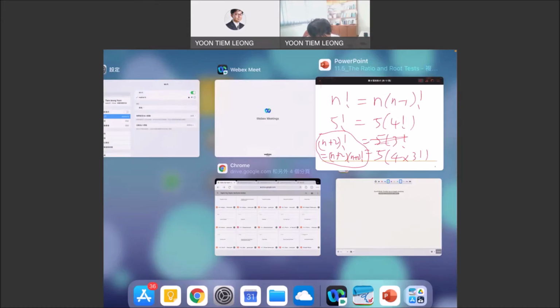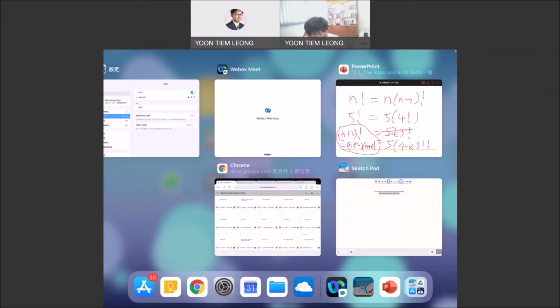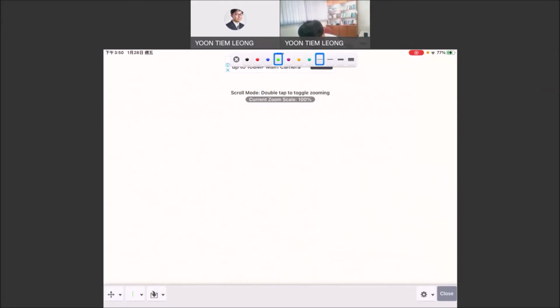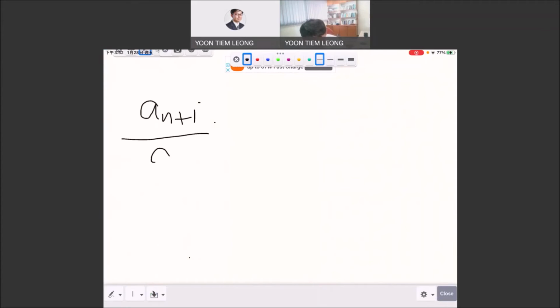Right? So these are just the properties of the factorial based on their definitions. So now let me work out the solutions for the power series for this particular case. The expression for a n plus 1 over a n, based on the series that we are considering, is that your a n is equal to 2n factorial multiplied with n factorial.